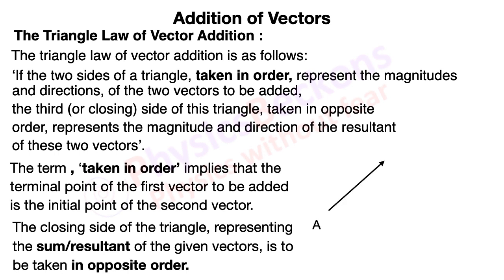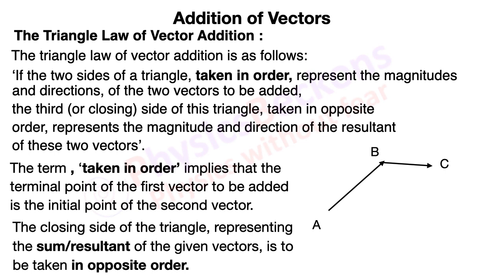One of the vectors to be added is represented by side AB. Now the second vector is to be drawn from B because the end point of the first should be the starting point for the second. So the second vector is BC. These are in order, AB, BC. And the third side in order will be CA. So we don't have to take CA for the resultant. The resultant has to be taken in opposite order.